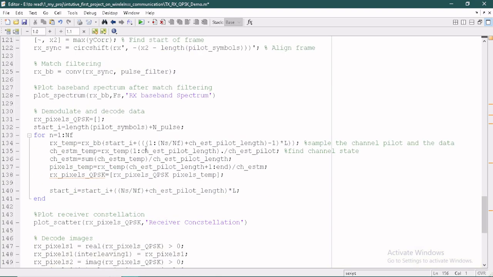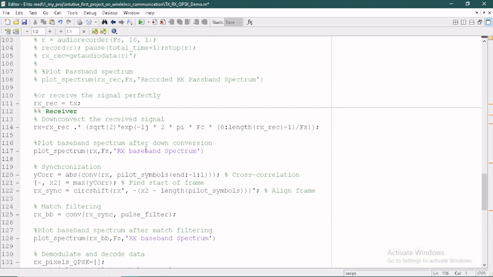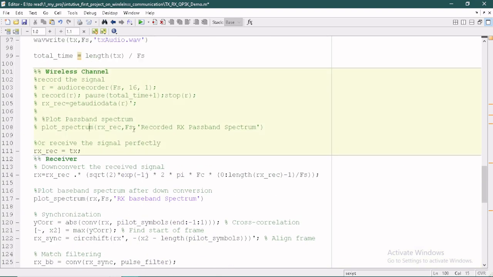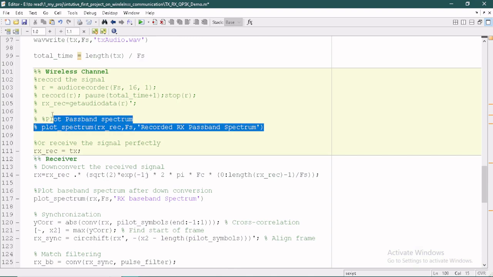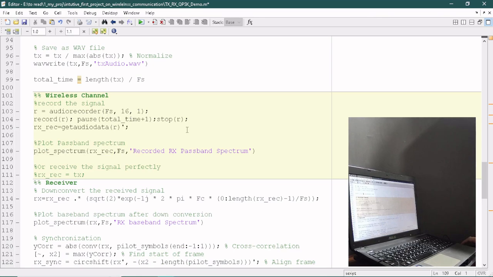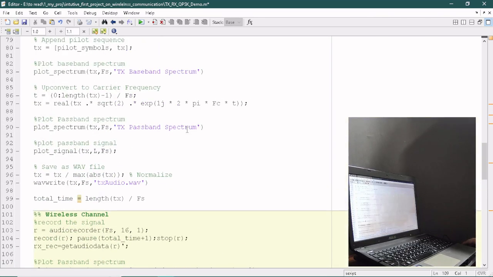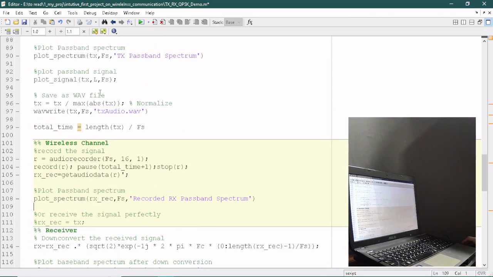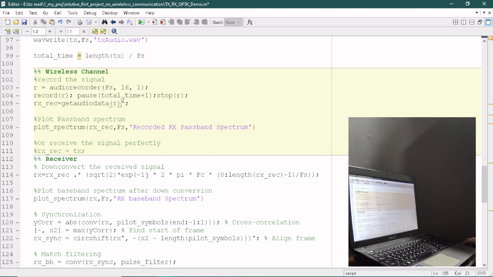So next, I will demonstrate to you how we will receive the signal wirelessly using the acoustic channel. So after completing the transmitter section, we can go ahead and start with the receiver section.